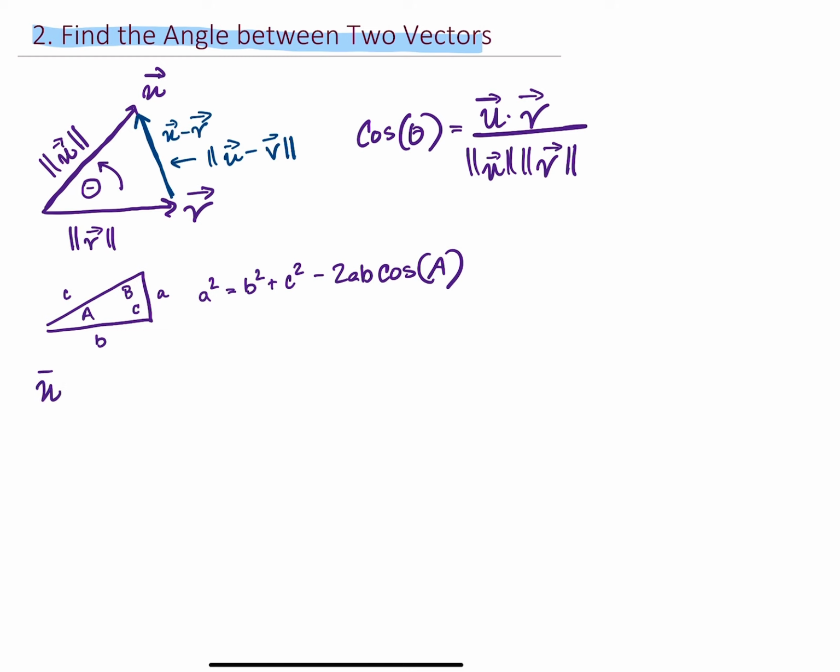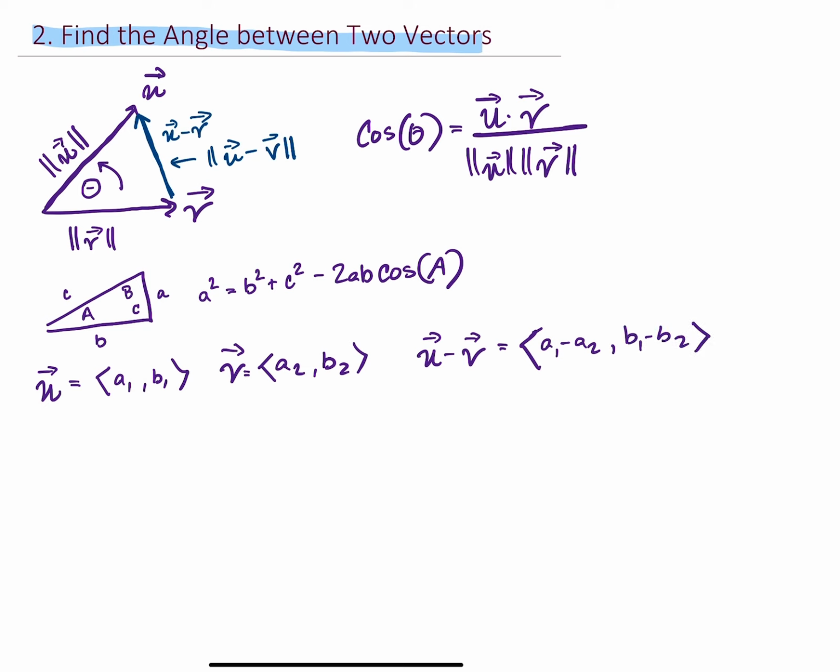Let's call u the vector a1, b1. We'll call v the vector a2, b2. So that makes u minus v, well, that would just be the subtraction of their horizontal components, so a1 minus a2, b1 minus b2. So let's describe their magnitudes.